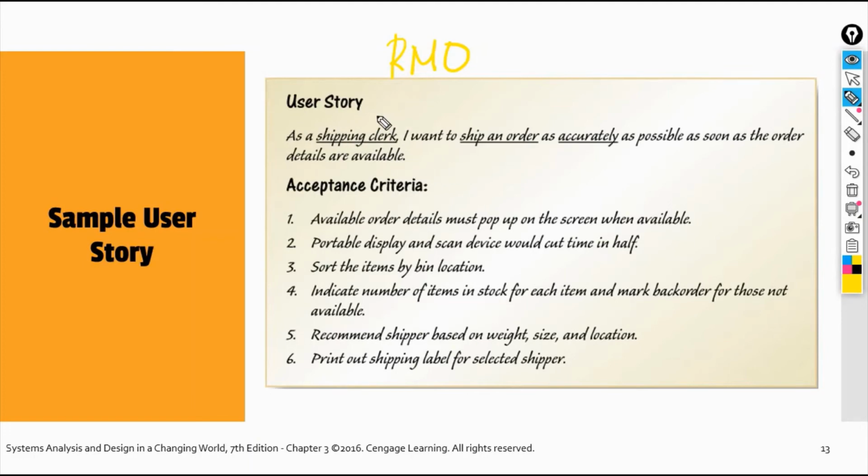The role of the user is the shipping clerk, and the goal is to ship an order as accurately as possible as the order details are available. So the acceptance criteria are this. You can pause the video so you can read each acceptance criterion.